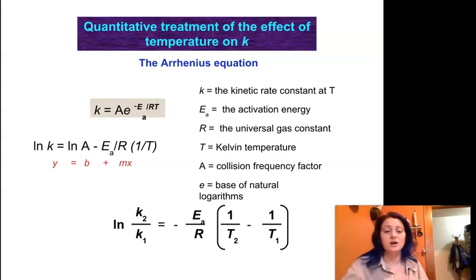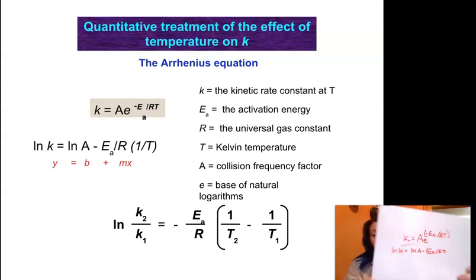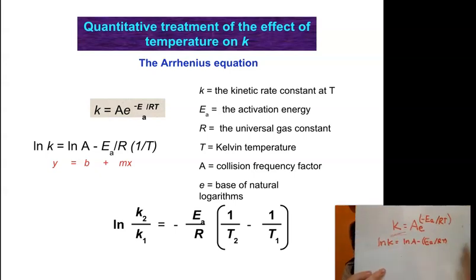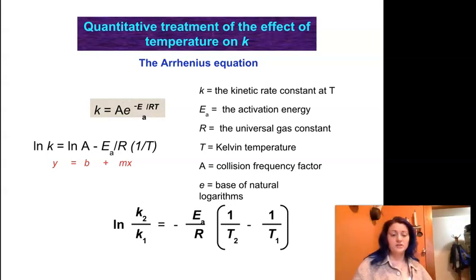If you take the natural log of both sides of this equation, you get ln K equals ln A, and then with a negative exponential, that becomes a subtraction, minus EA over RT. This is a y equals mx plus b format. The ln A term is your b term.